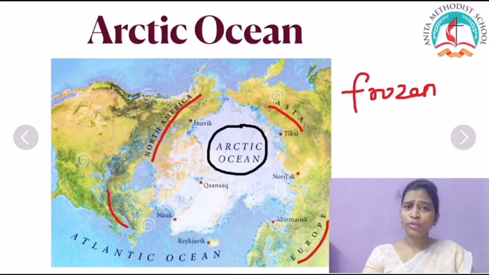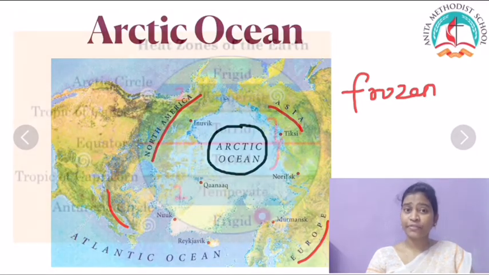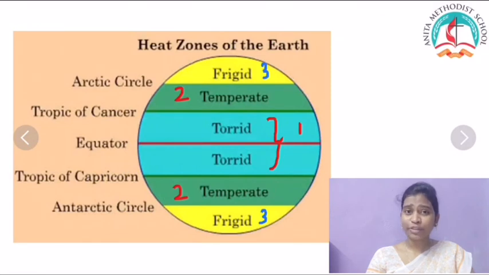Children, we all know that the water in the Southern Ocean is very cold and the water in the Arctic Ocean remains frozen most of the time in the year. Do you know why? Can you recollect something you have learned from your 5th standard? So it is all about heat zones. Do you remember the heat zones of the earth?